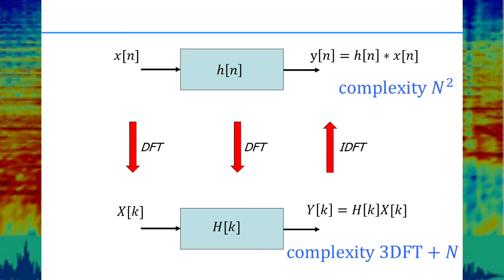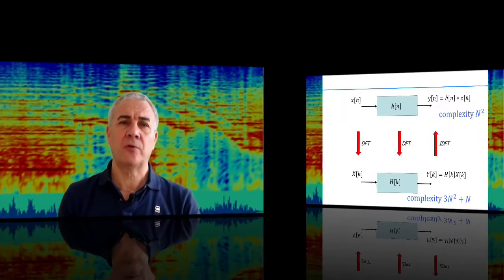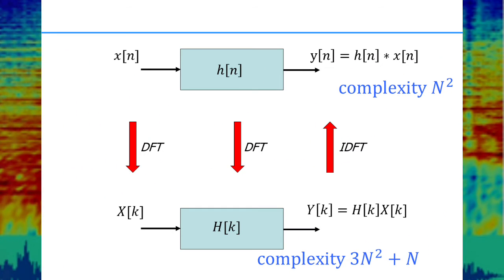The latter obviously has the complexity N. Now what is the complexity of the DFT? We have seen in Essentials 5 that the DFT is in fact an N by N matrix vector multiplication, which has N squared complexity. So overall we end up with 3N squared plus N multiplications, which is actually larger than what we had for the time domain convolution.